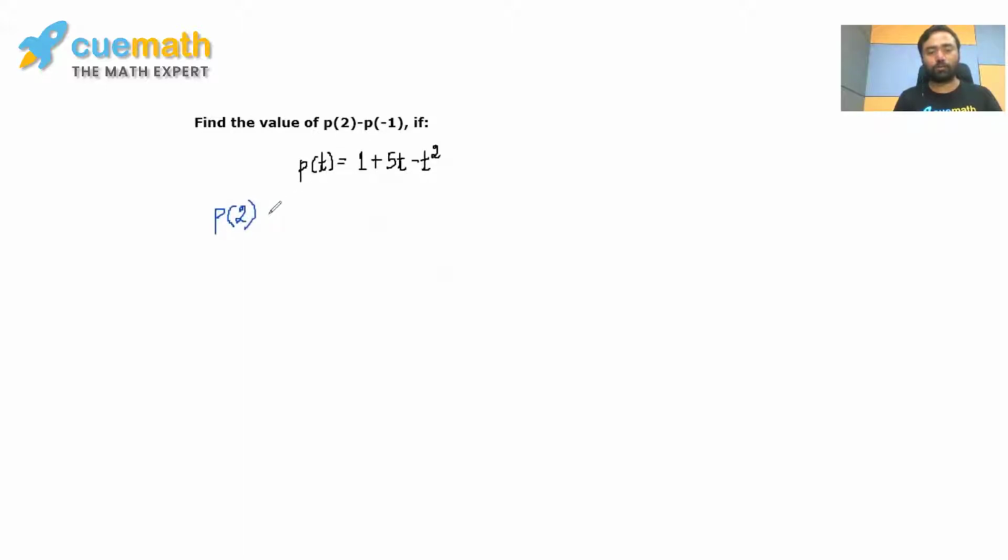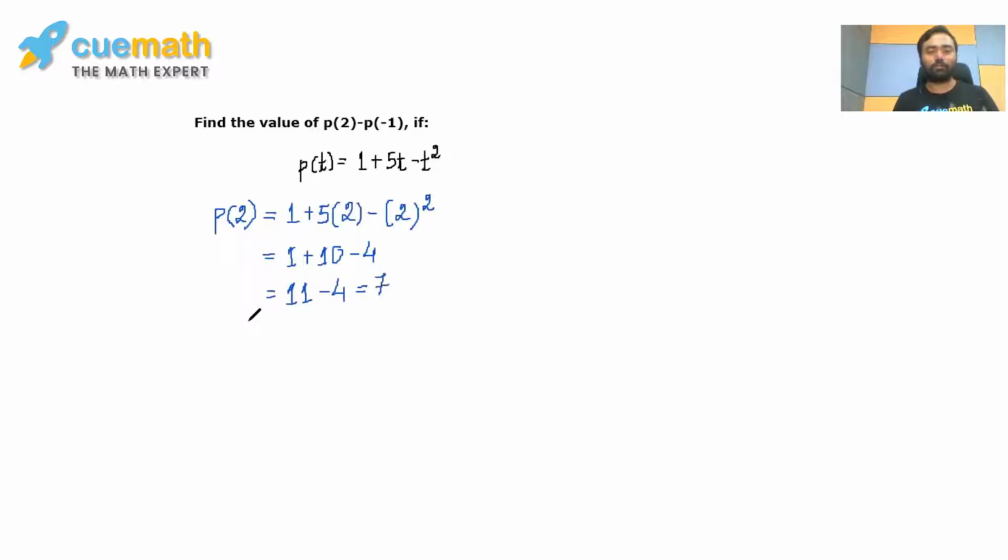So if t is equal to 2, this polynomial becomes 1 plus 5 times 2 minus 2 square. And if we evaluate this, we are going to get 1 plus 10 minus 4, which is 11 minus 4, that is equal to 7.